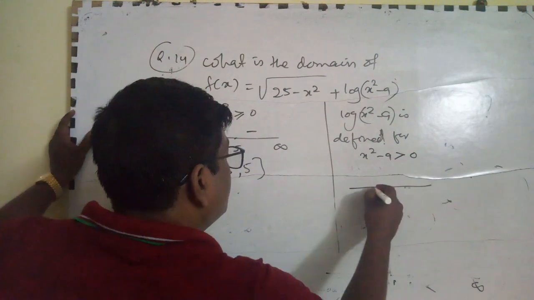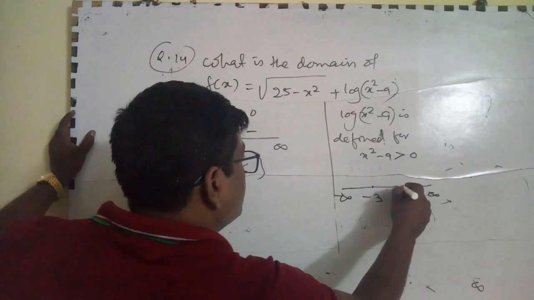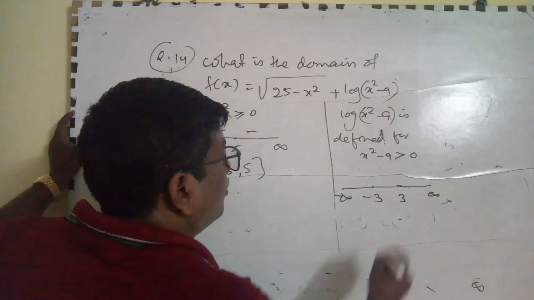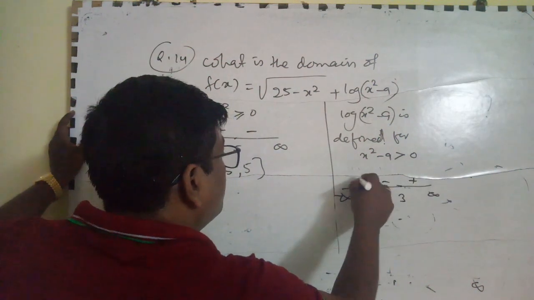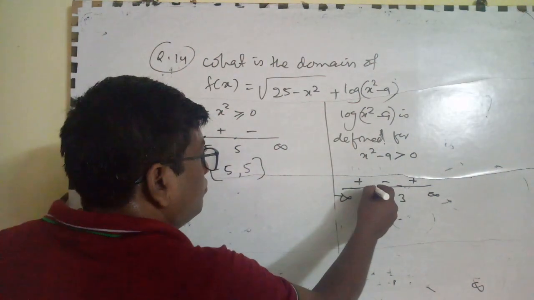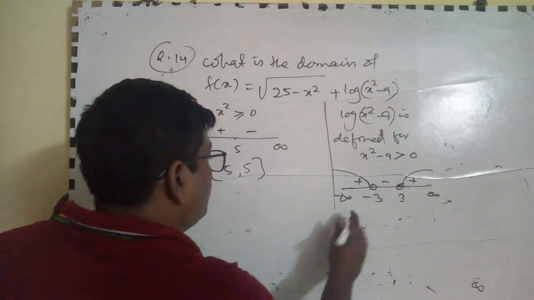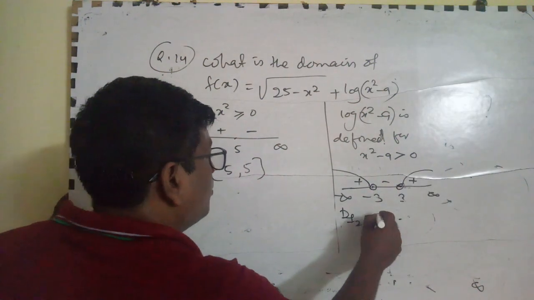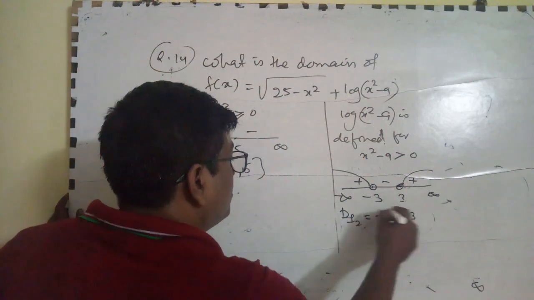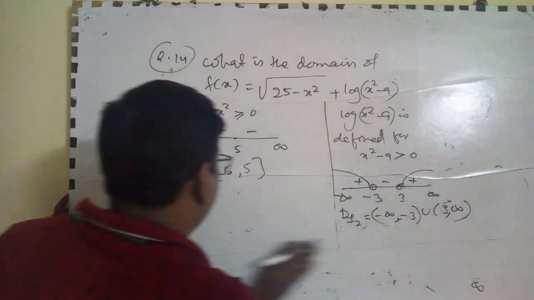That implies this is minus 3 and this is 3, on the line from minus infinity to plus infinity. What is the sign rule? Plus minus plus. This is df2. Excluding minus 3, excluding plus 3, df2 is equal to minus infinity to minus 3, common brackets both, union 3 to infinity.